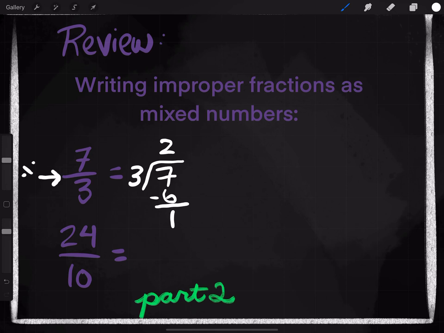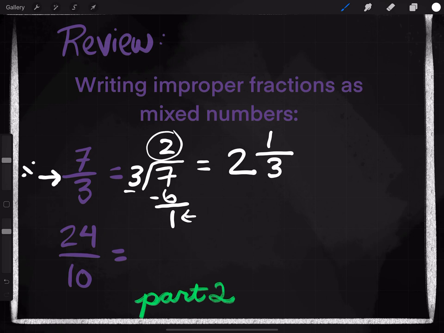And so, if you want to write this as a fraction, you'd write 2, and now you take the remainder 1, and then you take the denominator, third. Hopefully you guys kind of remember doing that.